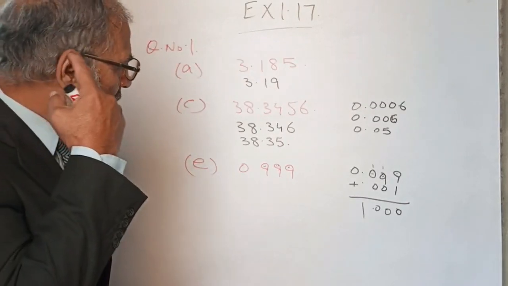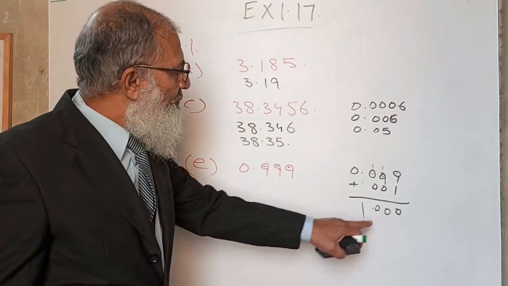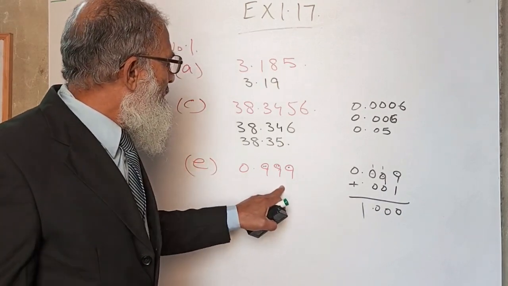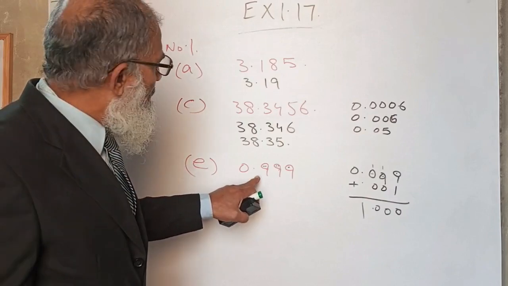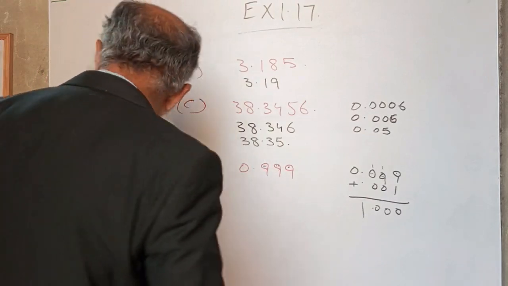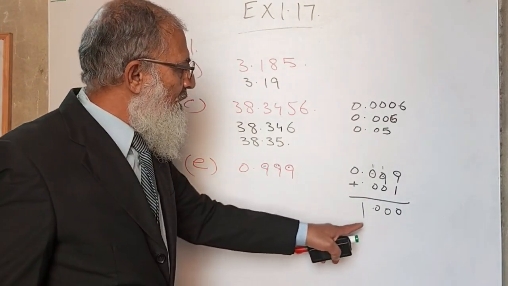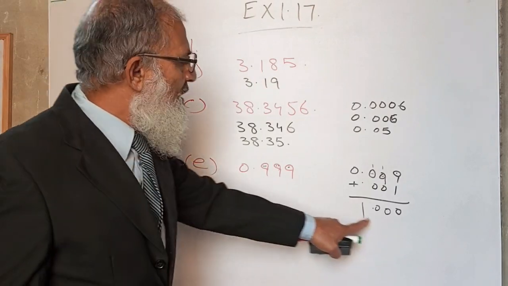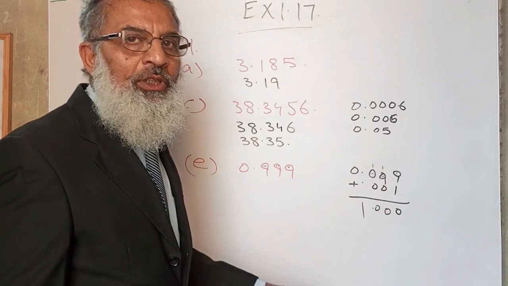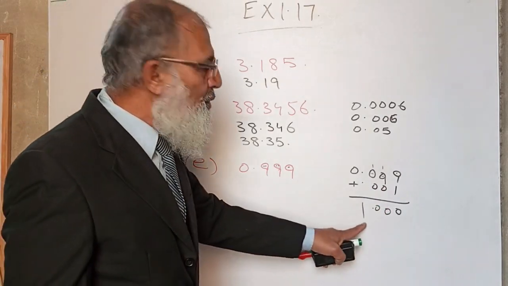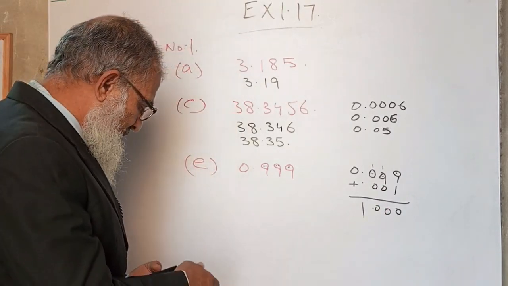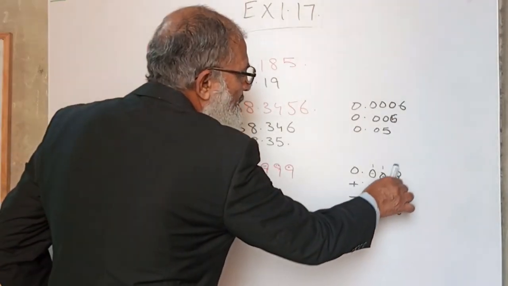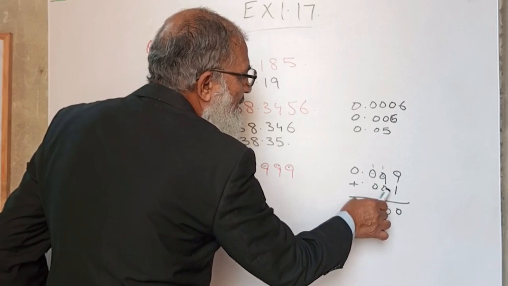Now we have to bring this number and round it to two decimal places. So you see that we cannot round this number to two decimal places the usual way. Ultimately we have to bring it to the whole number.